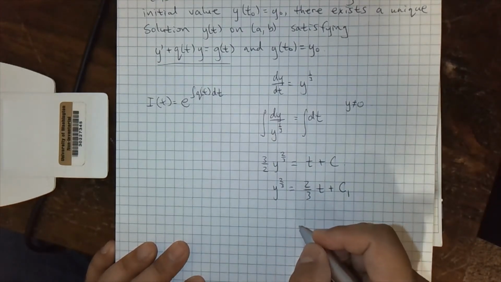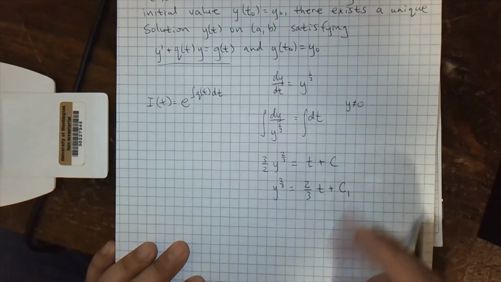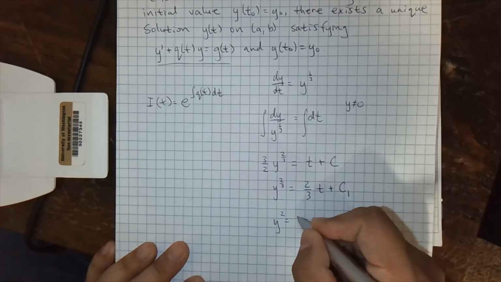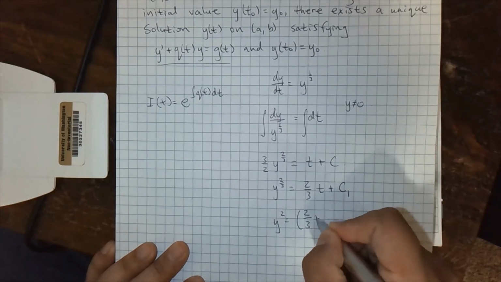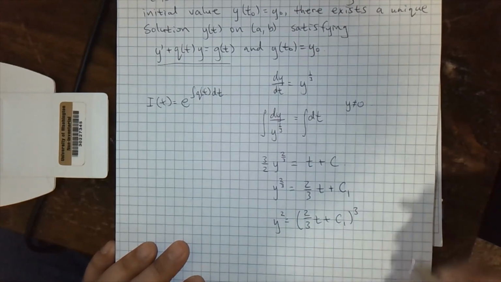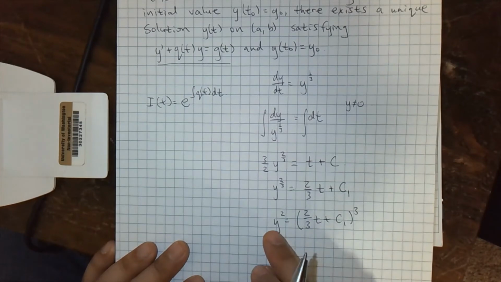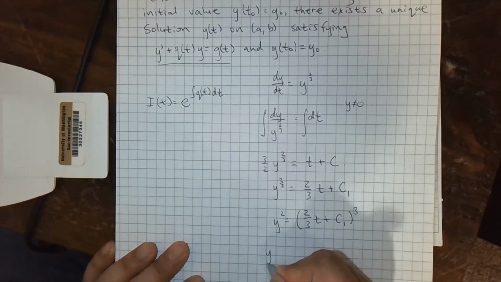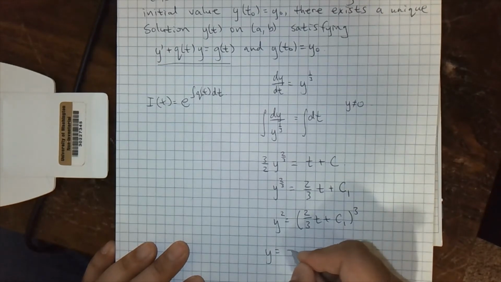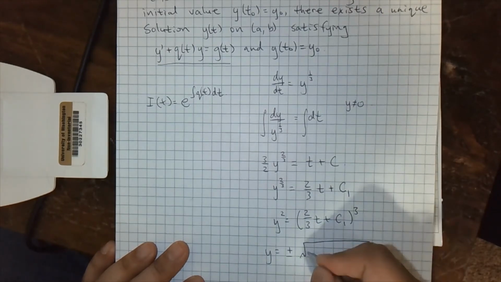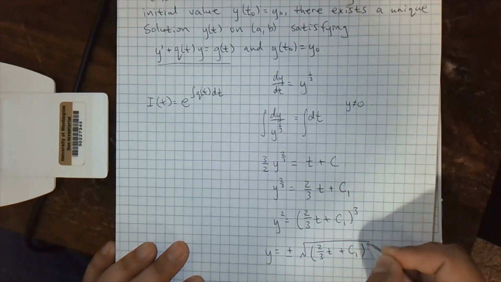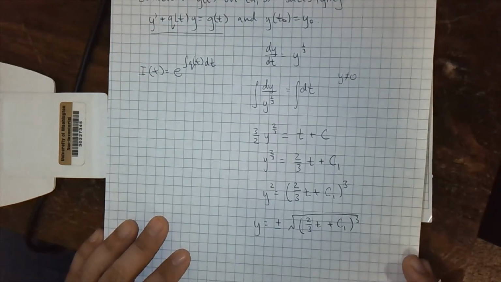Then I raise both sides to the third power. So y squared is 2/3 t plus c1, cubed. And then I have a square, so I get two solutions. y is either positive or negative the root of this thing, 2/3 t plus c1, cubed.